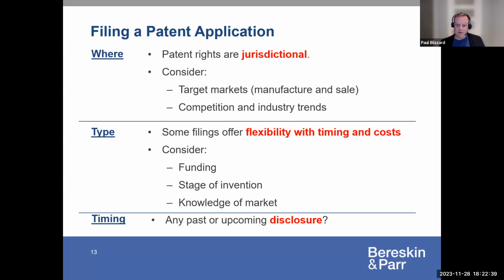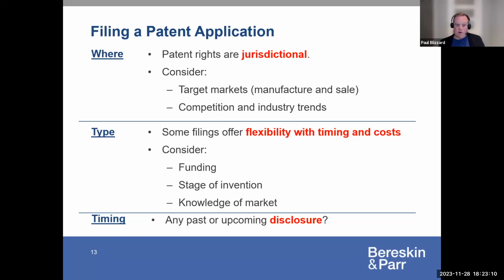If you are considering a public disclosure, for example, sending your widget to a factory to get it made, or releasing software on the internet for people to use, those things are considered to be disclosures. Or let's say you're working at York in a lab and you want to write a paper or a publication that describes a particular method that you're using.